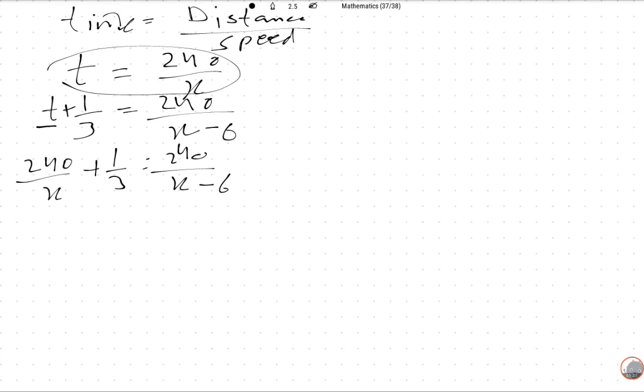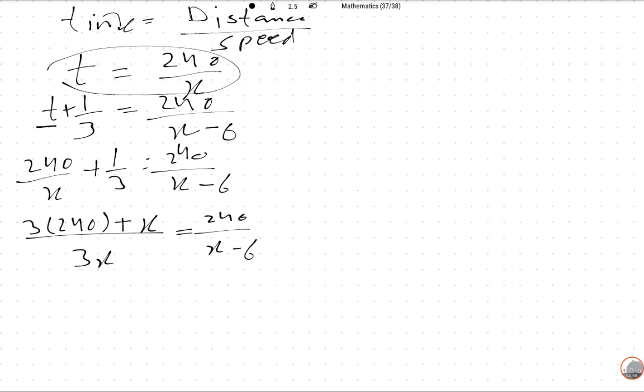So what do you think? I will take the LCM here like this. 3x is the LCM, is 240. 3 multiplied by 240 plus 3 cancels, 1 multiplied by x is equal to 240 upon x minus 6.